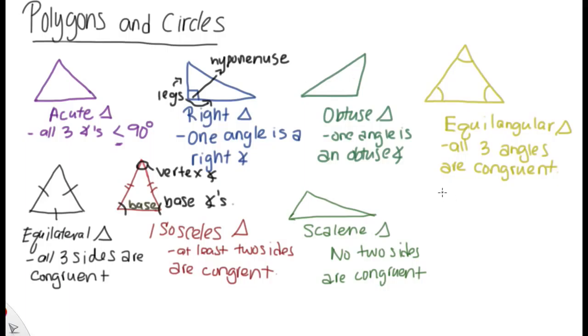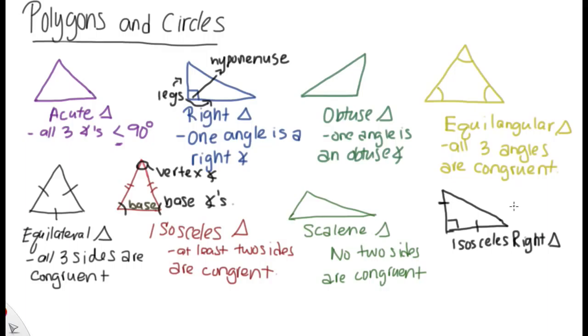So if we drew that out, here's our right angle, so it's a right triangle. But if these legs are also congruent, then this would be considered an isosceles right triangle.